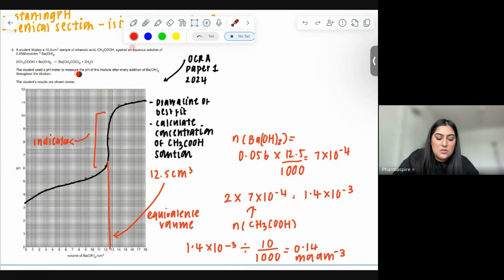So we look at the 2-to-1 ratio in the equation, and I can just times that molar value by 2 to get the moles of CH3COOH. Then if I've got the moles, and in the question they've given me the 10 centimetres cubed for the volume, I can divide to get the concentration. So that is how to do that in a nutshell.